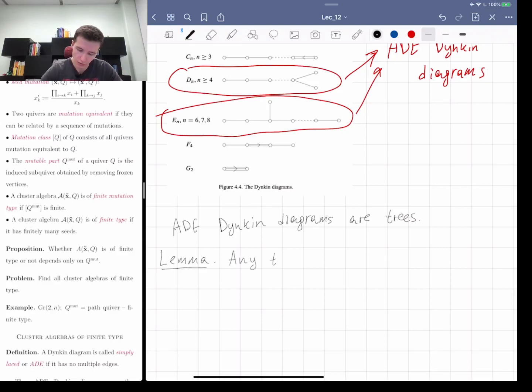Right, so you take a tree and then you orient the edges so you get a quiver, and then any two such quivers are going to be mutation equivalent if the underlying tree is the same.